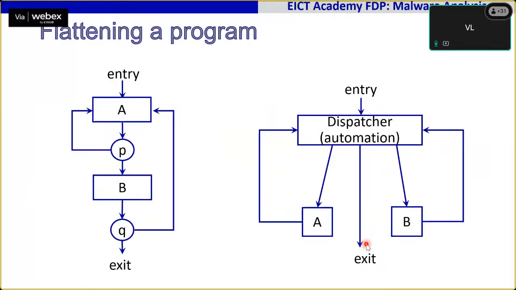Now, this we already discussed. This is flattening a program. So basically, this code block is executed, and then it may be executed multiple times, and again you exit it, then this is executed, and so on and so forth. Now here again, this is the dispatcher module.